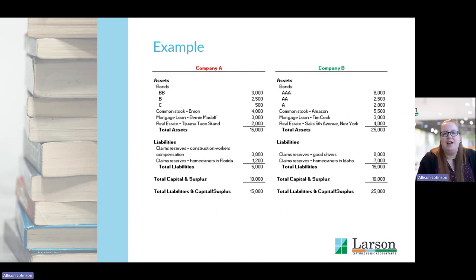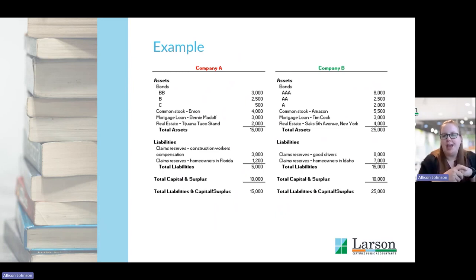To highlight why RBC is important, I wanted to stop and look at this example. We have two companies listed here that, if we just look at the total capital and surplus line, would suggest that they both have the same capital and the same quality of capital. But if we look upwards towards the assets and liability section, we'll see that they're actually not that comparable.